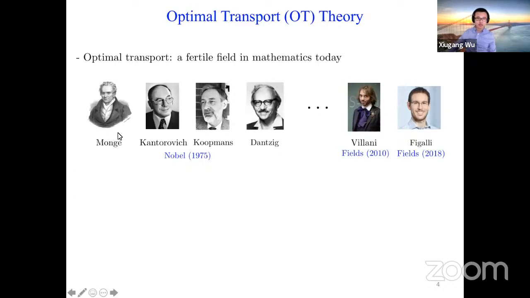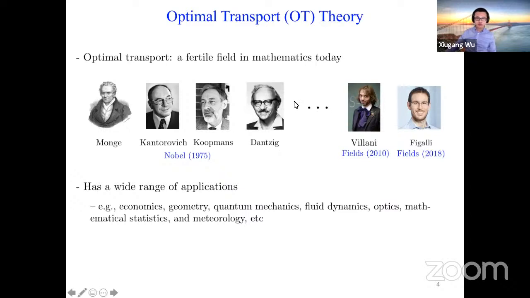This includes, in addition to Monge and Kantorovich, Koopmans, who won the Nobel Prize in 1975 jointly with Kantorovich, and Dantzig, who, as you know, pioneered linear programming in the context of studying optimal transport, and many others, including most recently Villani and Figalli, who were awarded the Fields Medals for their contributions to optimal transport.